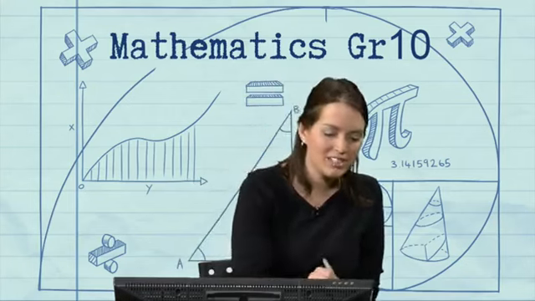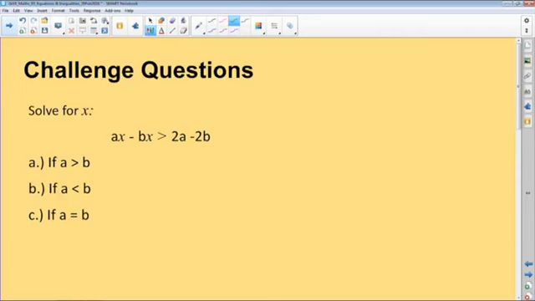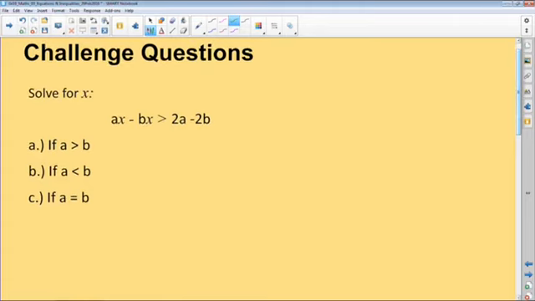Let's look at what our challenge question is for this week, and remember that we will be going through these challenge questions in the last show of the term. So this challenge question says solve for x. There's an x, and there's an x. ax minus bx is equal to 2a minus 2b. And then it has some criteria. If a is greater than b, or if a is less than b, or if a is equal to b. Okay, let's erase my dots.